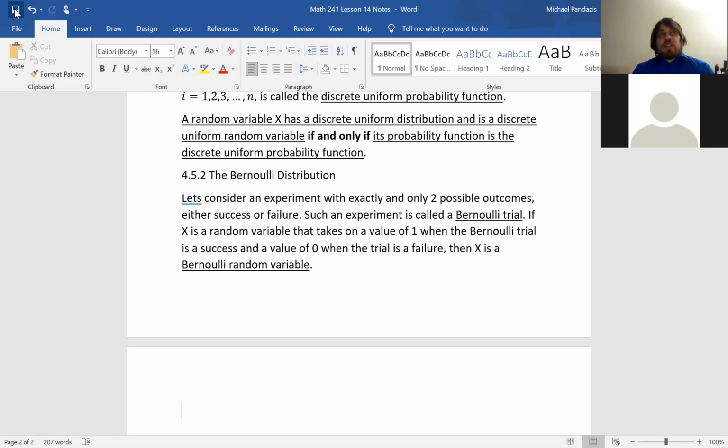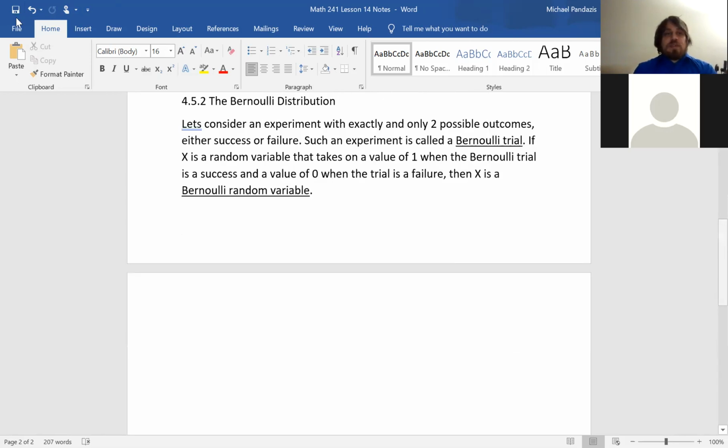When you input a failure, the output is a 0. That's a Bernoulli random variable. Even though we're calling it a variable, it's technically a function whose inputs are outcomes of an experiment and whose outputs are values defined in some way.